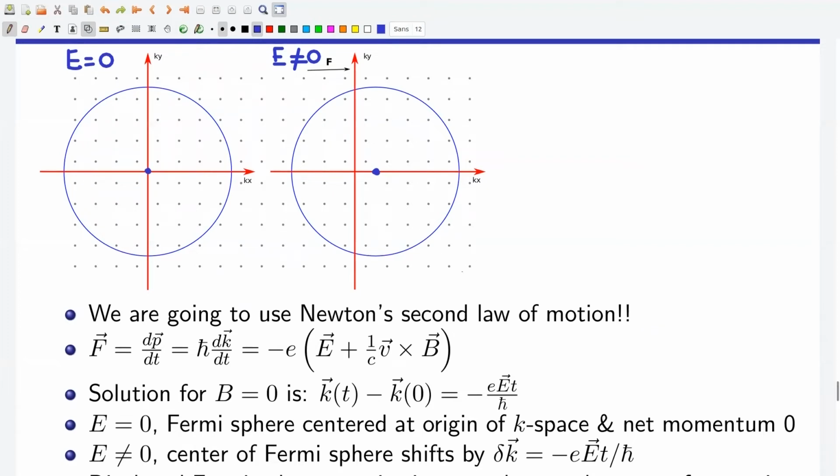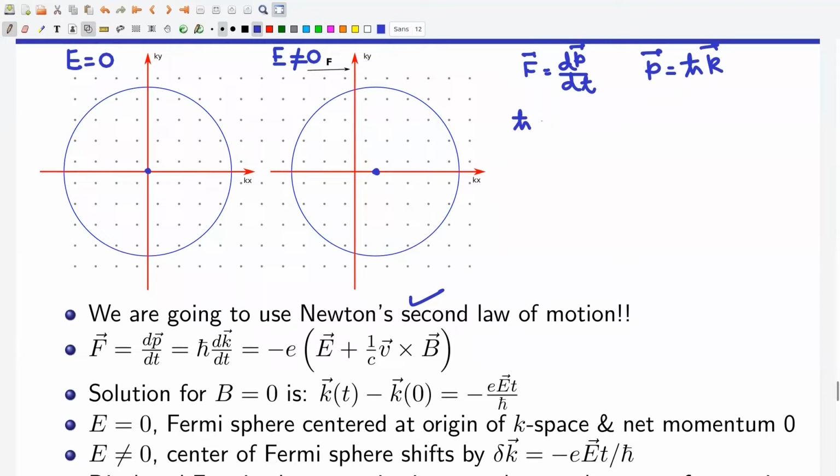We are going to use Newton's second law of motion. We shall justify the use of the classical approach later. Instead of P, we are going to use the eigenvalue of the momentum operator. So this is the form of the second law of motion, dP/dt, and the momentum operator has the eigenvalue ħk, and we are going to use that in this equation.